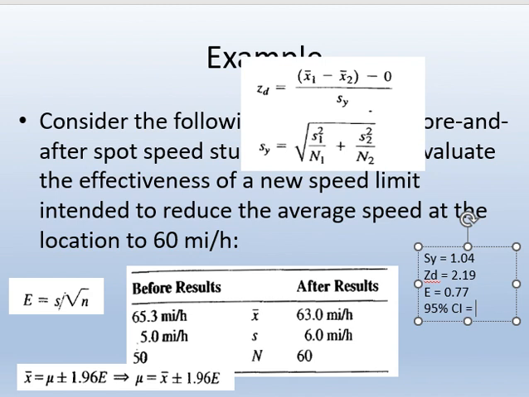You do x bar plus minus 1.96 E. X bar is the mean, plus 1.96 E.